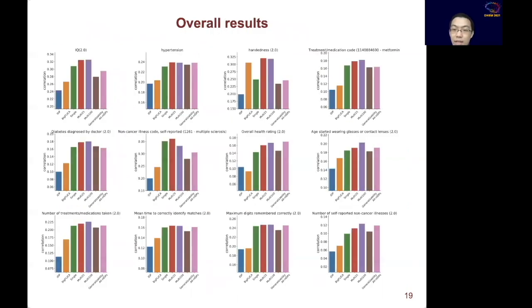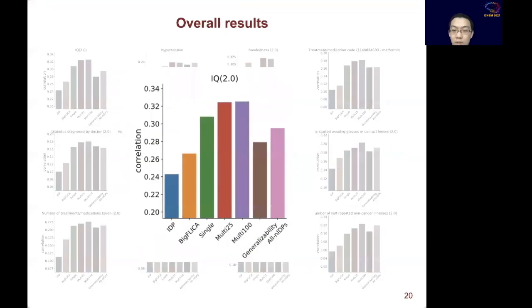Again, we have evaluated this over 16,000 NIDPs and in 40,000 subjects in the UK Biobank. Here are some examples. For example, we have looked into the prediction of IQ. Well, BigFLICA already does better than predicting IQ from handcrafted IDPs. We observe that this is further improved by adding supervision to the cost function, which is shown in the third bar.